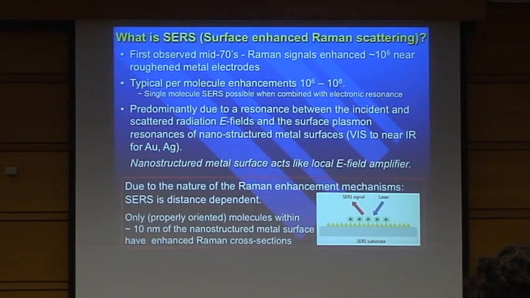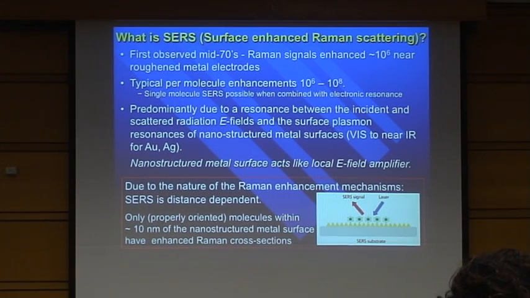So again, I presume everyone here has heard of surface-enhanced Raman spectroscopy. It's been around for 40 years or so. I did say already the per molecule enhancements are 10 to the 6, 10 to the 8. So appreciate that means that the local electric fields, as a result of proximity to a nanostructured metal surface, due to the surface plasmons, are enhanced. The field itself is enhanced by maybe a factor of 50 or 100.